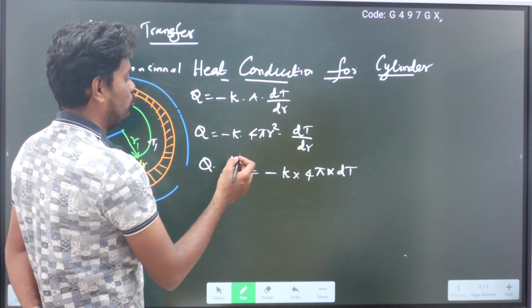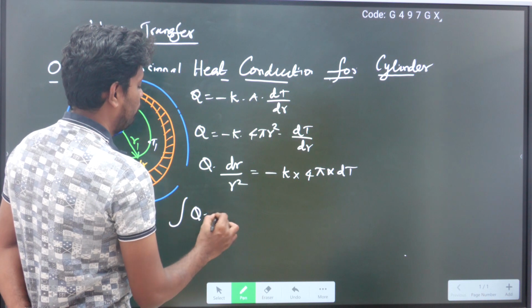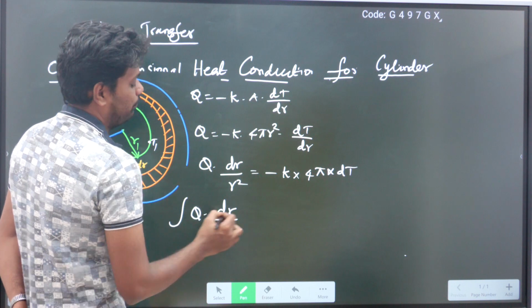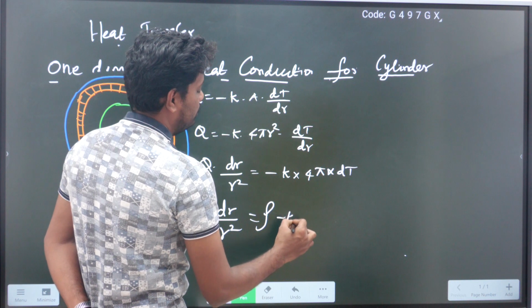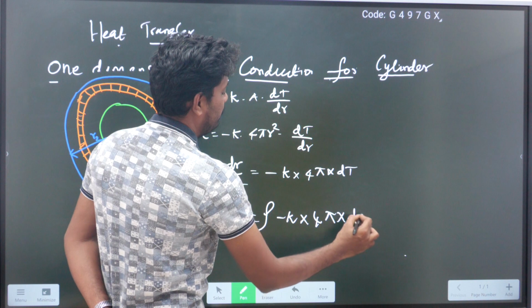Now I will integrate. Q into dr by r squared, and next the integration of minus K into 4 pi into dT.